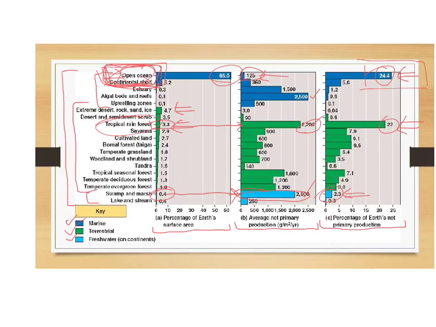The reason why is because the open ocean is 65% of the Earth's surface. And although its average net primary production is not super high, because it comprises so much of the surface, its percentage of primary production is actually quite high. A close second again is tropical rainforest for terrestrial biomes. I hope that you understand that. Please come to tutoring if you don't.